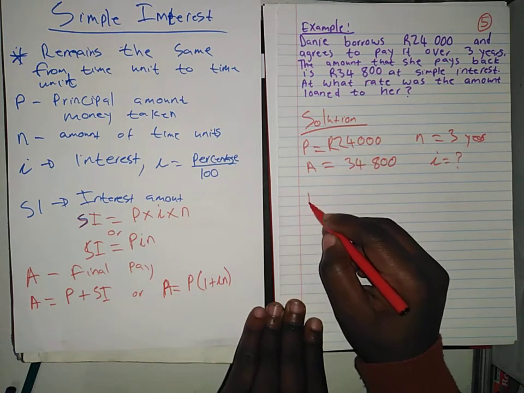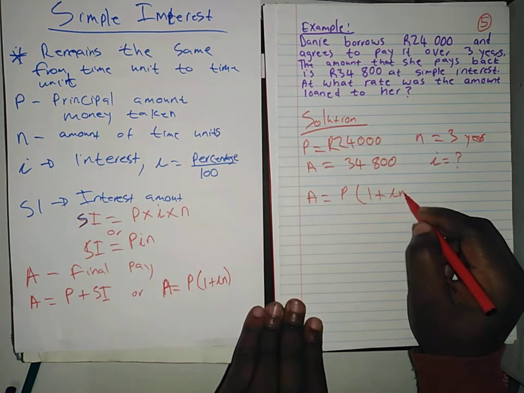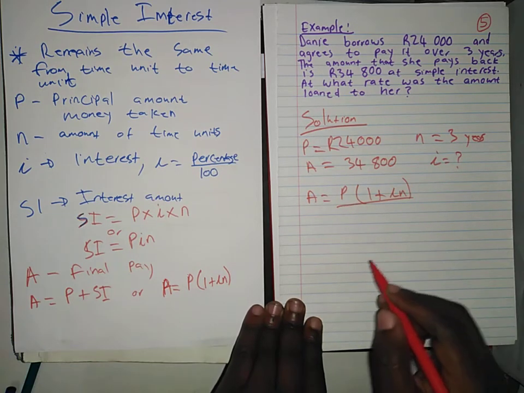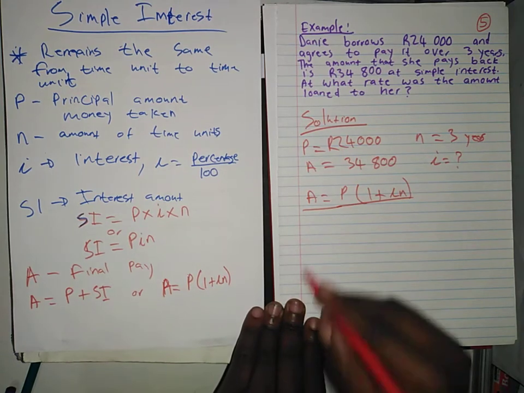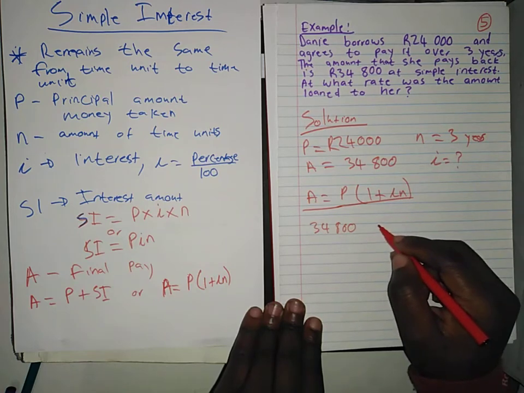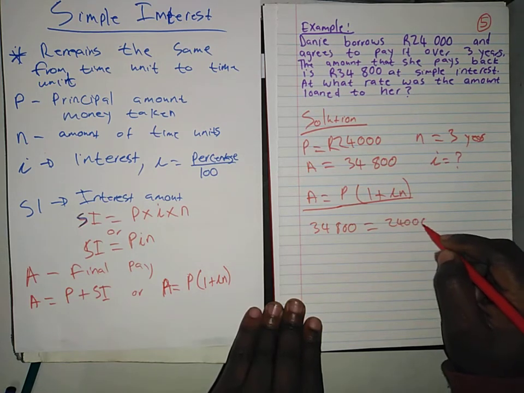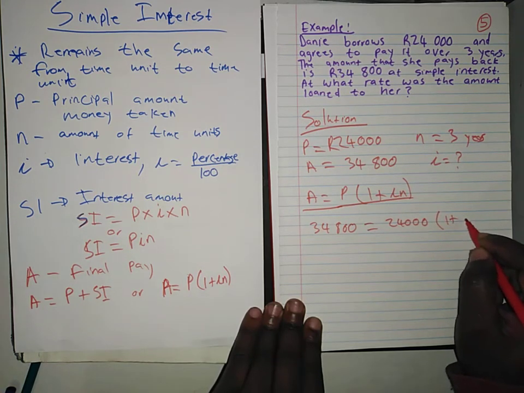We've got our formula, which is A equals P(1 plus IN). Our A is 34,800, and our P is 24,000, and then 1 plus IN.